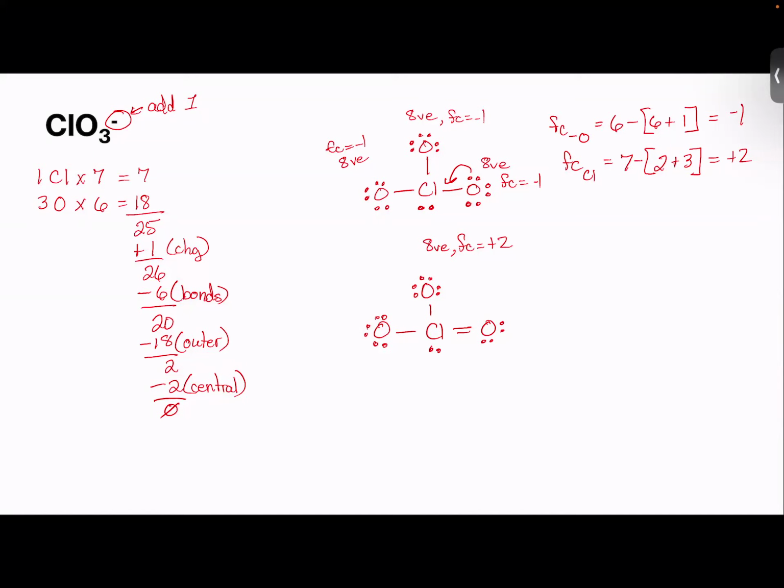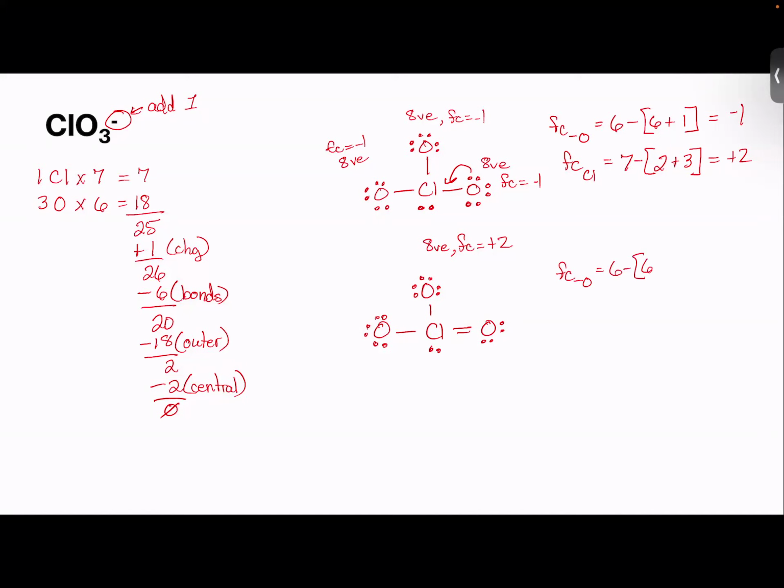And right now, chlorine even has 10. But does chlorine need a further expansion of its octet? So we're going to do the formal charge. The formal charge of our single bonded oxygens is going to be equal to 6 valence electrons -1 for every dot.